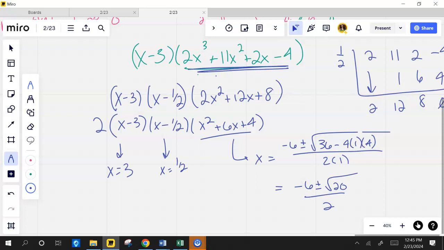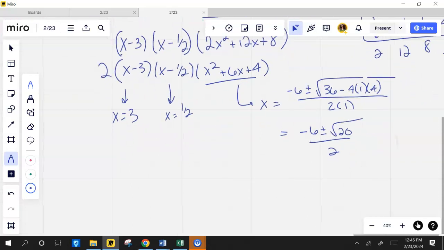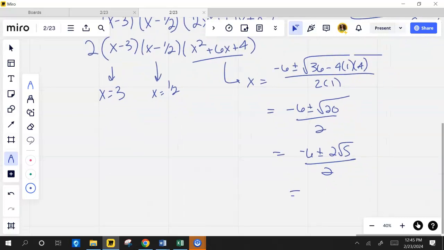It's not imaginary, but they're both going to be negative, actually, because the square root of 20 is less than 6. You could have, yes. But the square root of 5, this is always going to give me a negative number.